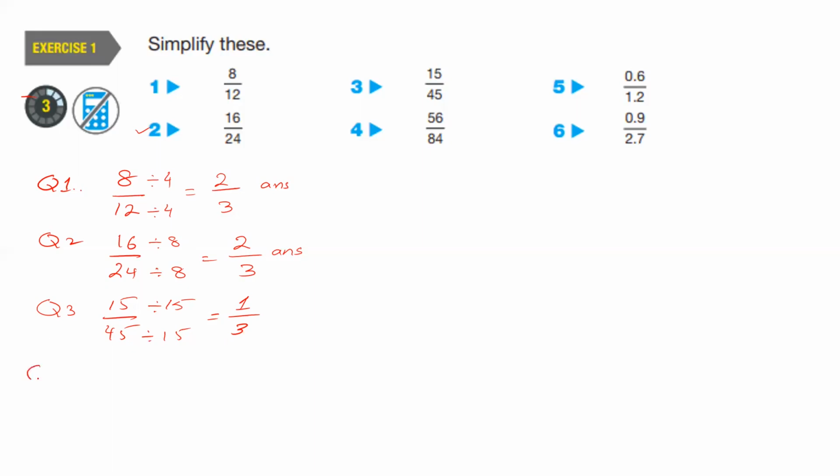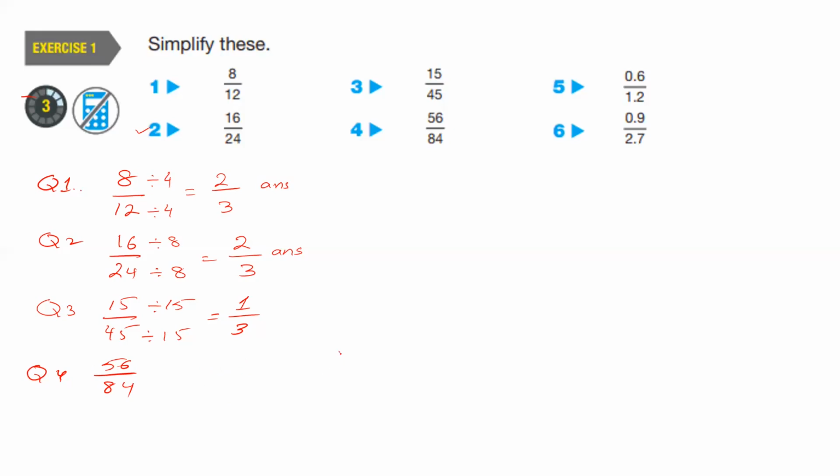Now we come to question number 4. 56/84. Now we think of a number which divides both, and it should be the highest one. It's a big number, so to find the highest one we use the highest common factor method.